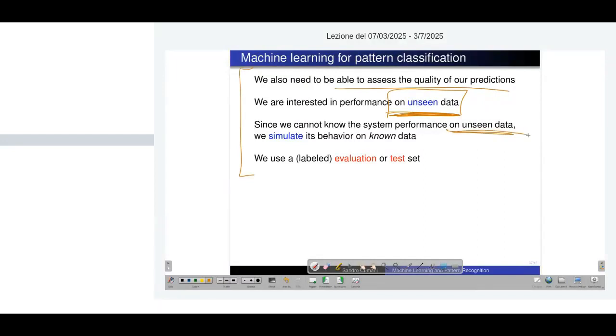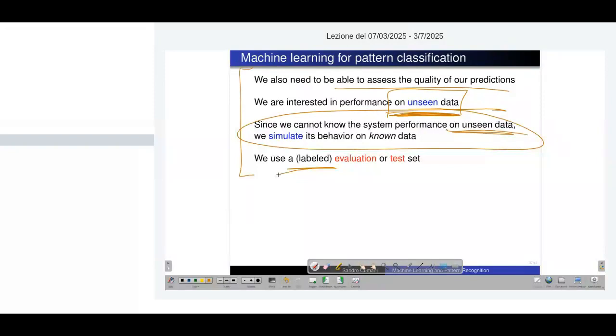Of course, we can't evaluate on data that we have yet to see, because if we don't have the data, we can't evaluate that. So what we do is we simulate applying the classifier to a real task. How? We use a set that is again labeled, which is called typically evaluation or test set, that contains samples which are not really unknown, in the sense that this is again a labeled dataset.